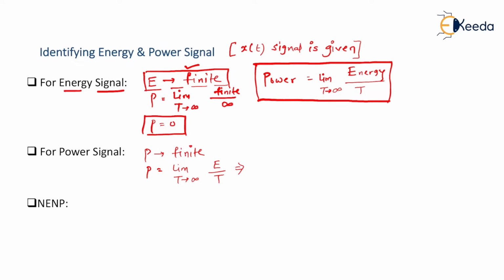In that case, I can rewrite this formula as E equal to the limit T tends to infinity of T times P. Is that right? Now, the value of P is finite and the value of T is tending to infinity. In that case, after calculation, you will understand energy tends to infinity.